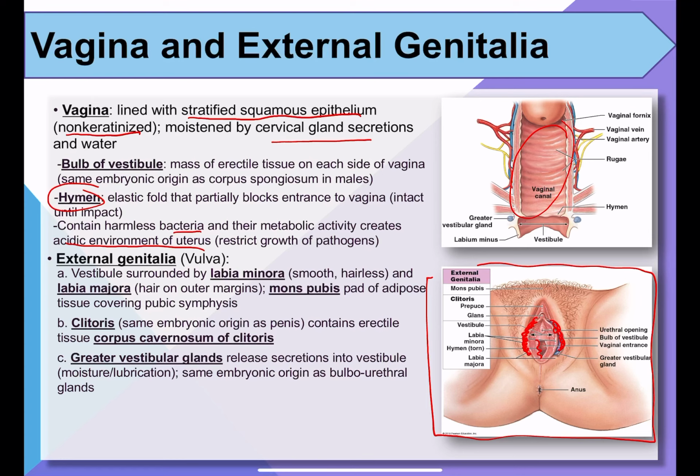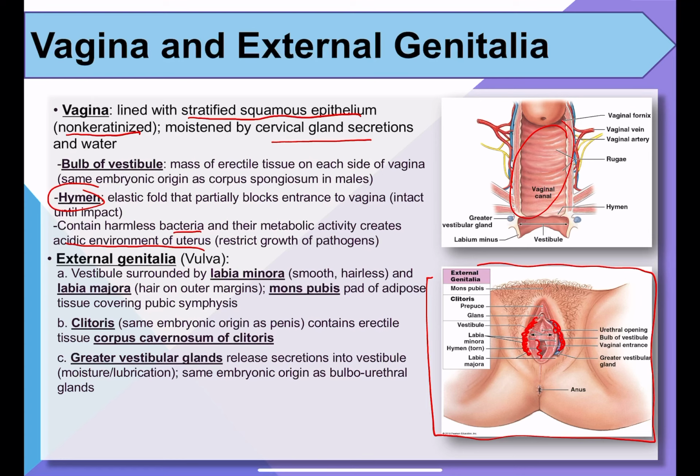And yet it has this big opening for bacteria to take hold and colonize. So that is why the interior of the female reproductive system tends to be more acidic than our normal pH. Okay, this is mainly to restrict growth of any pathogen within the interior of the female reproductive system.